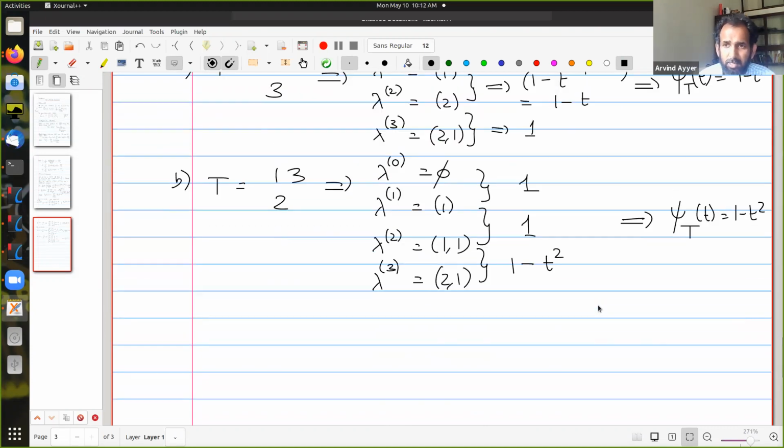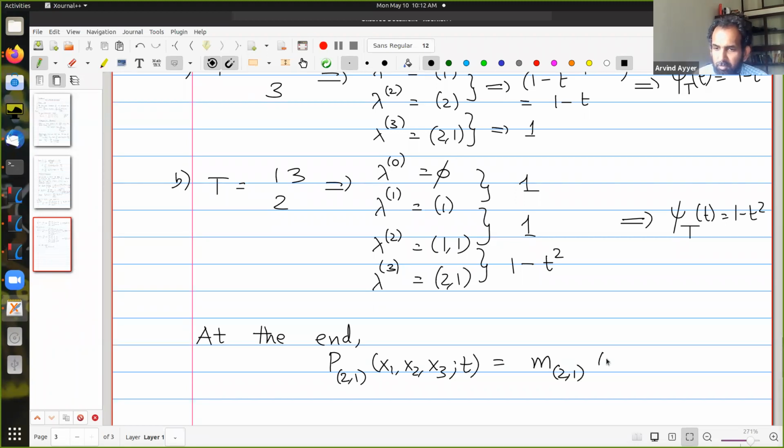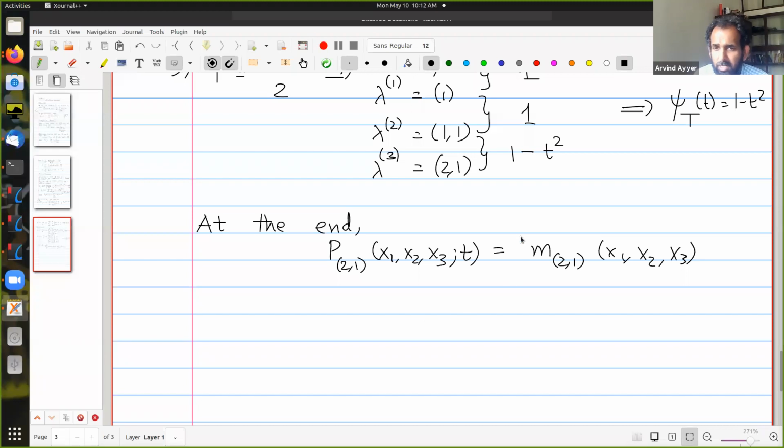And so at the end of the day, what we get is that p 2 1 of x1, x2, x3 and t is m 2 1 of x1, x2, x3 plus, because the coefficient was 1 and there was only one such tableau, plus 1 minus t plus 1 minus t squared, times m 1 1 1 of x1, x2, x3.